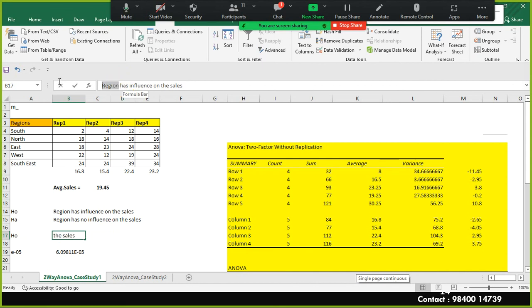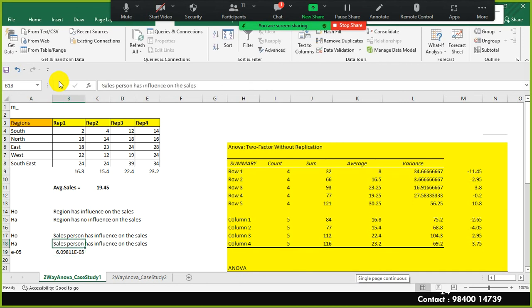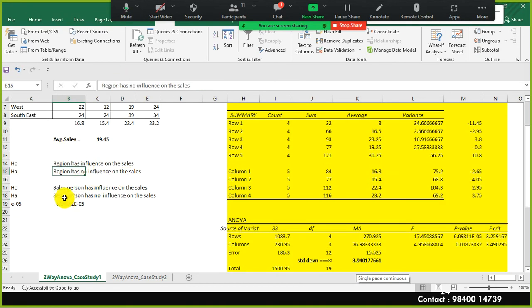The other factor is region. The alternative hypothesis: salesperson has no influence on the sales. So we need to conduct two tests, okay, and this is the hypothesis.